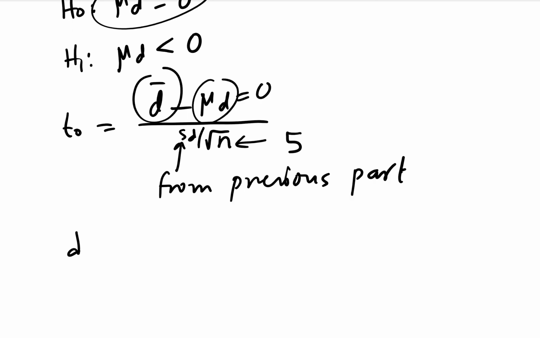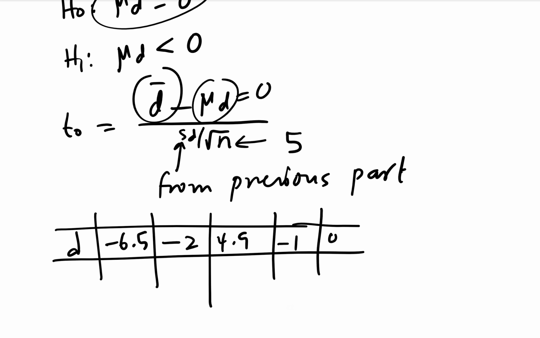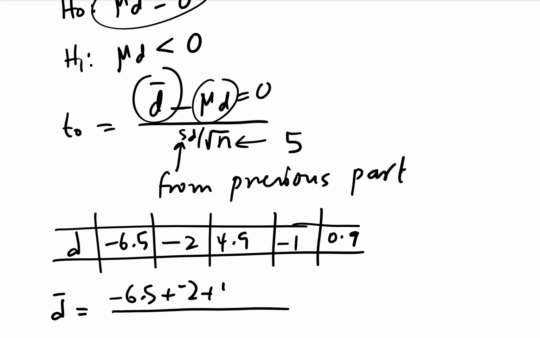So I found the difference values. I'm going to rewrite them here: negative 6.5, negative 2, 4.9, negative 1, 0.9. From the D values, to find the mean, we add them up, divided by 5.